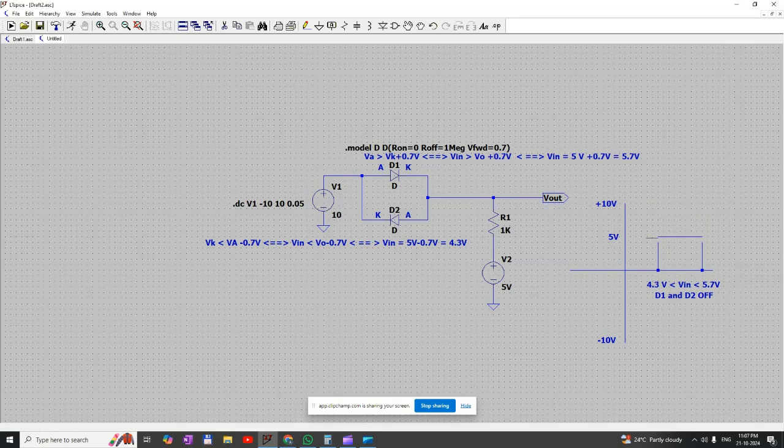When D2 is less than 0.3 point, how will it behave? We'll check and confirm it in the simulation.